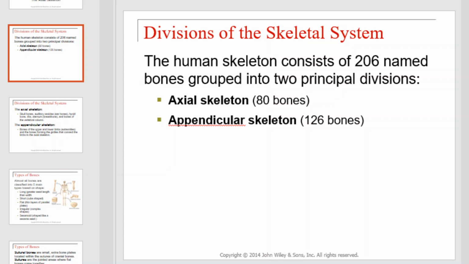We begin by looking at the divisions of the skeletal system. The human skeleton consists of 206 named bones grouped into two principal divisions: the axial skeleton, which is composed of 80 named bones, and the appendicular skeleton, which is composed of the remaining 126.